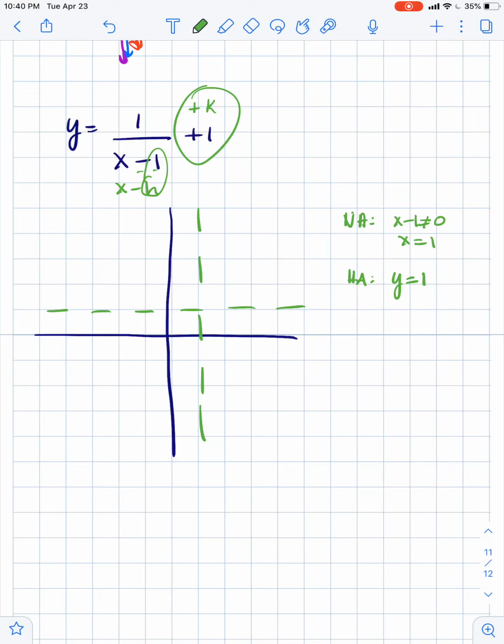Okay, so again, remembering the basic function, your asymptotes are at 0 for the vertical and 0 for the horizontal. I moved my x, in other words, I moved it left or right, which is moving your vertical asymptote. It's just shifting it. I moved it over 1, and I moved my horizontal up 1.